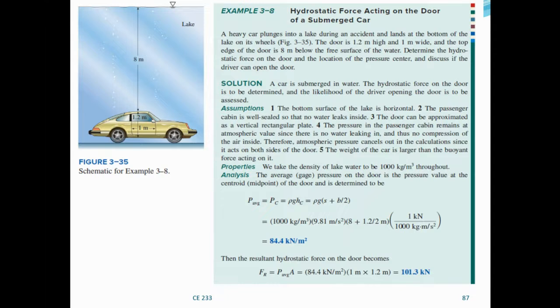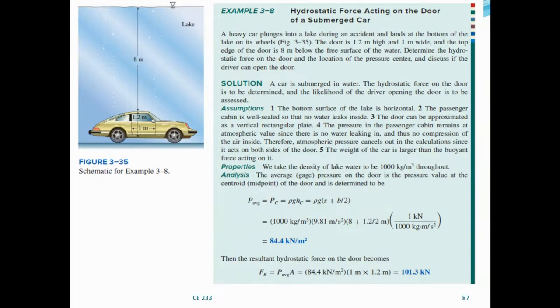So there it says you have a heavy car that plunges into a lake. The lake is a stagnant water body, okay? Into a lake during an accident and lands at the bottom of the lake on its wheels. So this is the water at the bottom of the lake on its wheels, okay? And this is the top of the lake, you can see, okay?